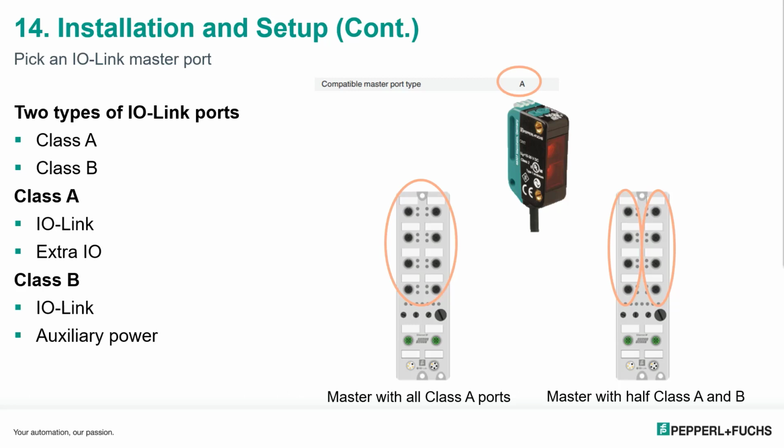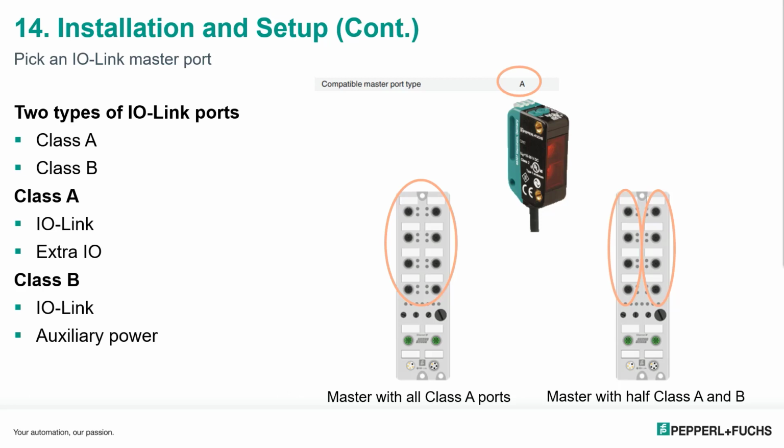You can have 1 A and 7 Bs, 7 As and 1 B, 6 and 2, whatever you like. But you can see here there's a different mix. And the Class B basically has IO-Link as a standard on pin 4 and then an auxiliary power connection.